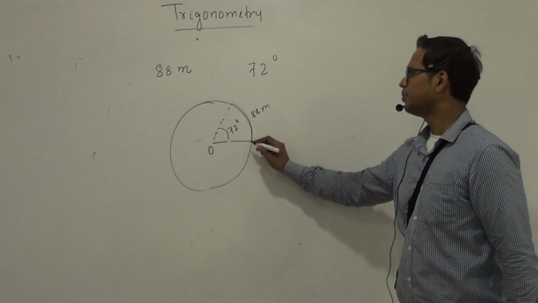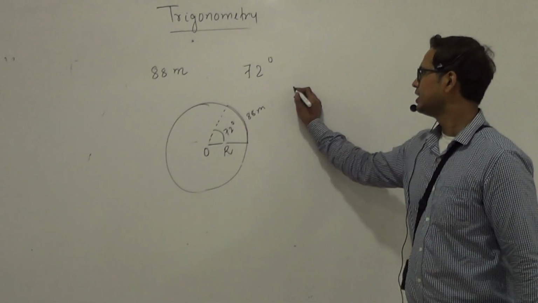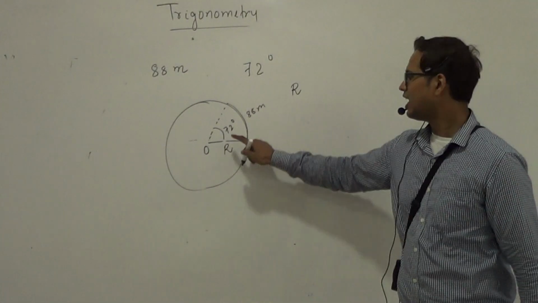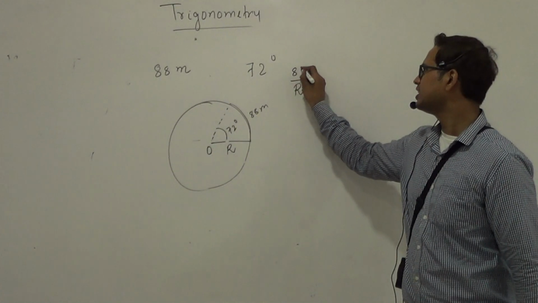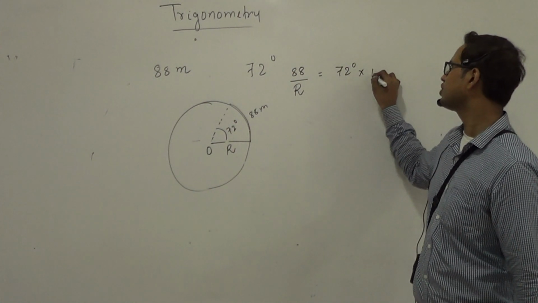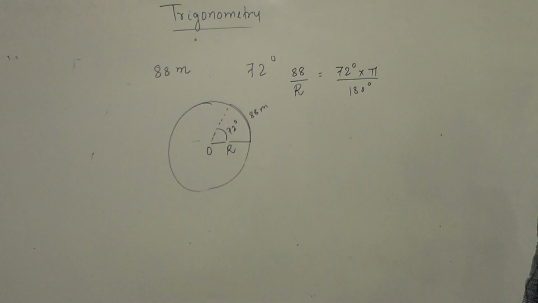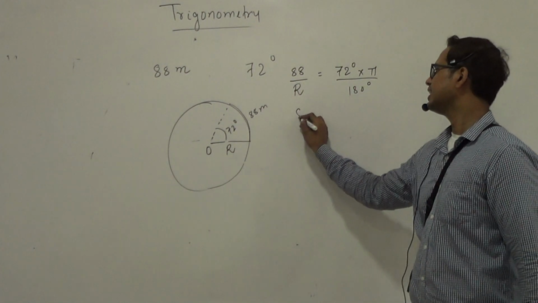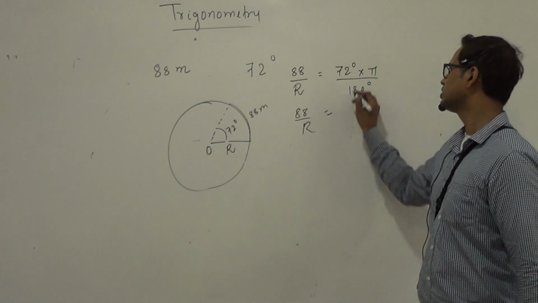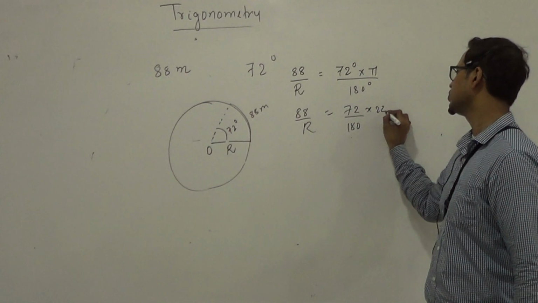Yes. So basically, let's say the length of the rope is r. Can I say 88 by r is going to be the angle 72 expressed in terms of radians? Correct? So from here I can get 88 by r. You can use 72 by 180 into 22 by 7.